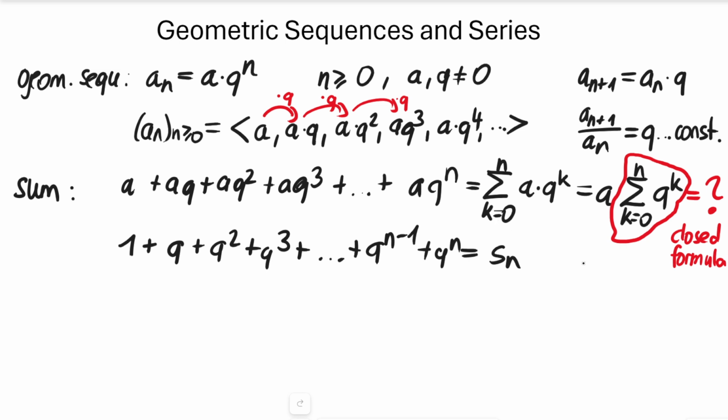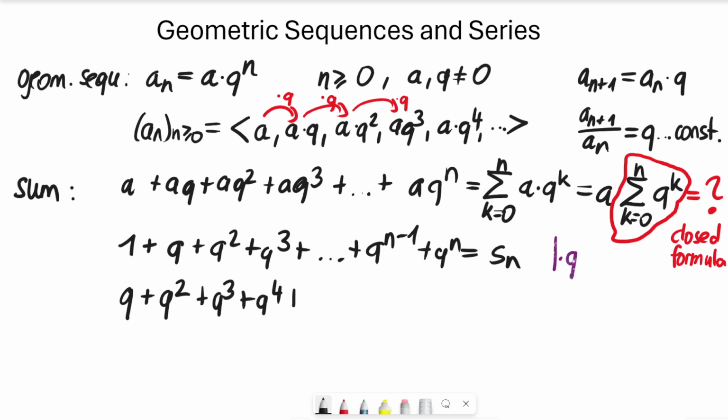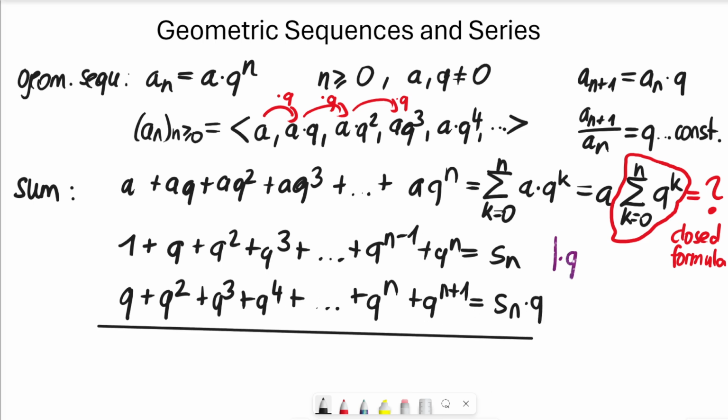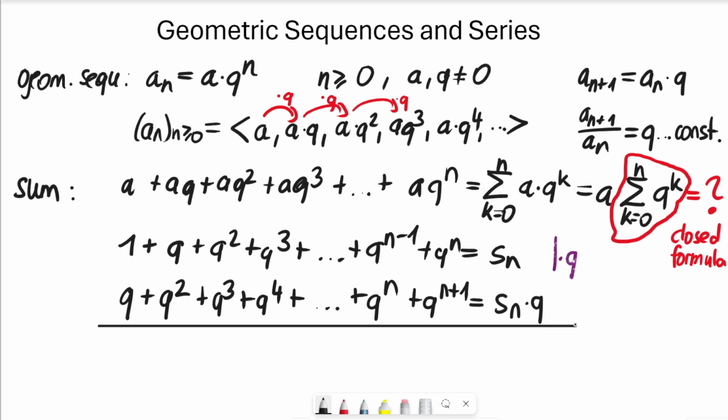And what we're going to do now is multiply this line times q and write it again. And now the trick is to subtract these two lines.